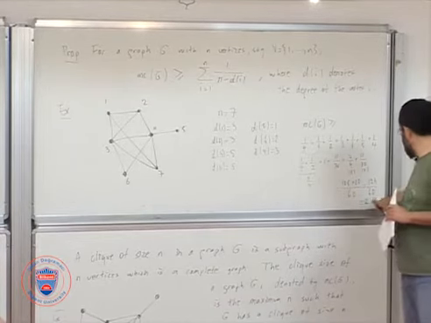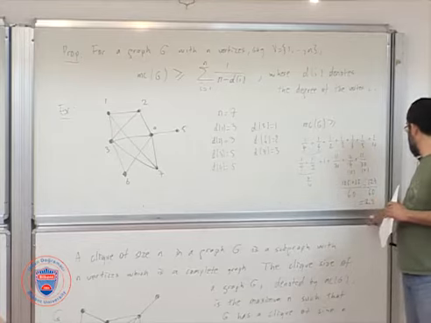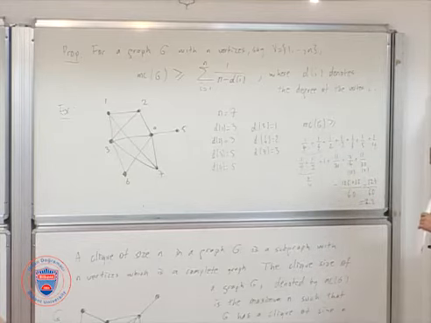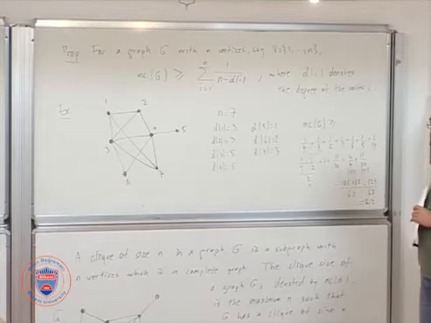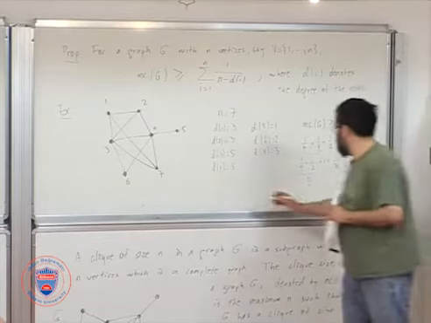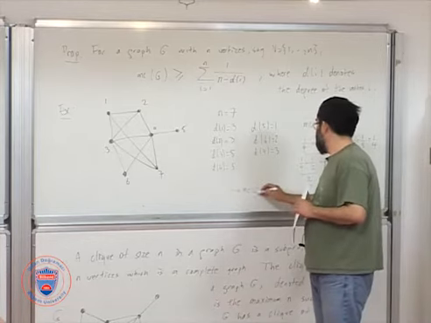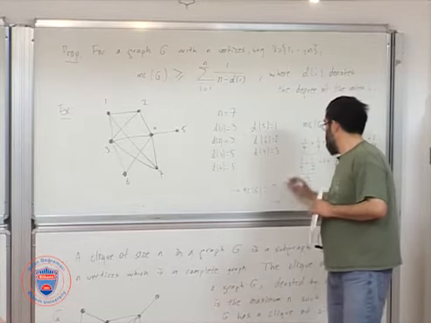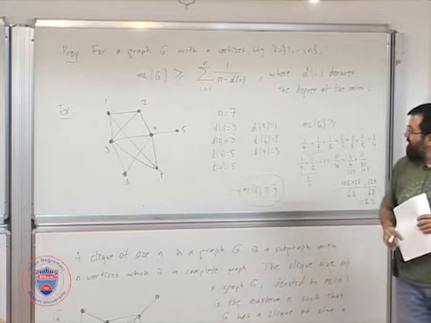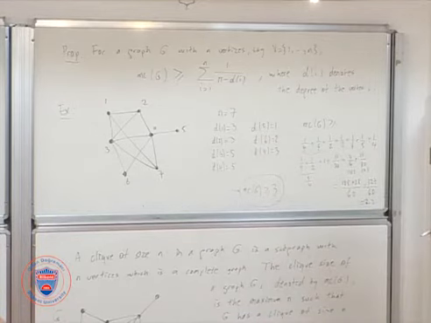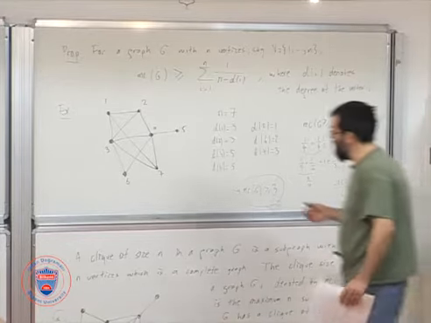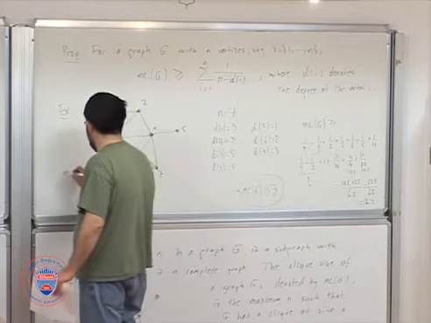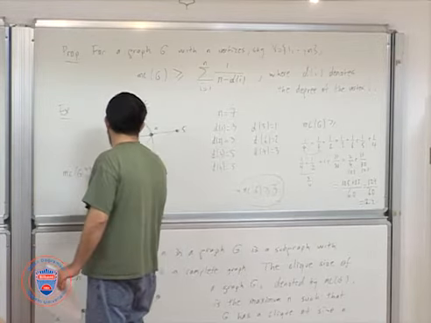Because it's 2 point something, and the maximum clique size is an integer, it should be 3 or bigger. So this gives that the maximum clique size is bigger or equal to 3. And for this shape, I guess this is actually the accurate answer. So the maximum clique size in this case is exactly 3.